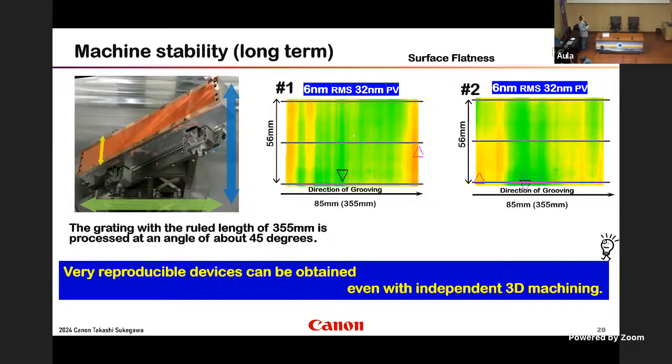This is high order surface flatness, maybe measured at 632, operating at maybe 400-something anyway. You can see 6 nanometer RMS. Peak to valley is 32. We guarantee global positioning accuracy of 55, as I told you. So this is, of course, a reasonable number for us.